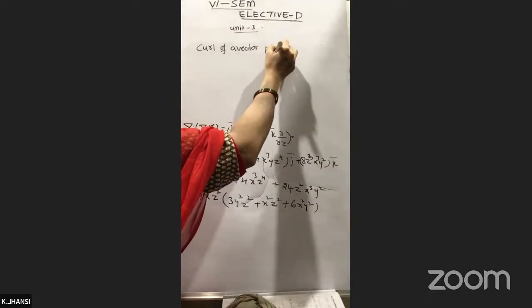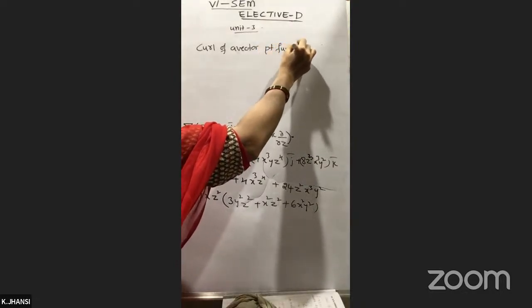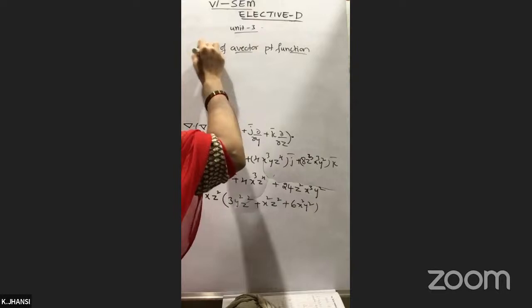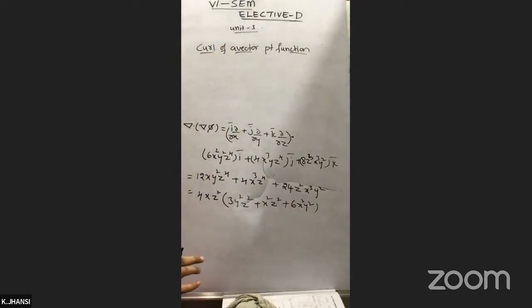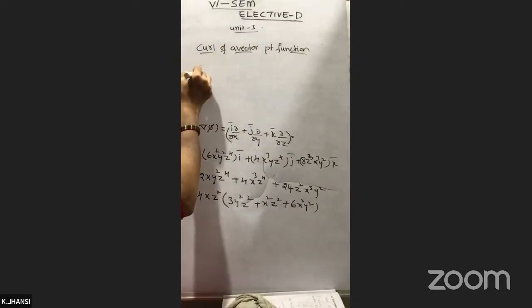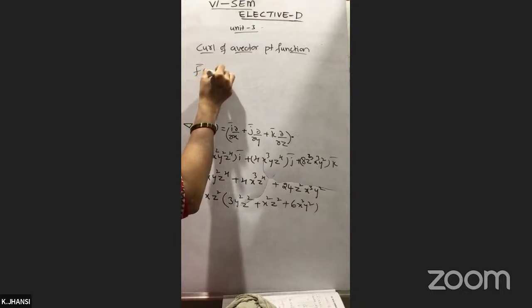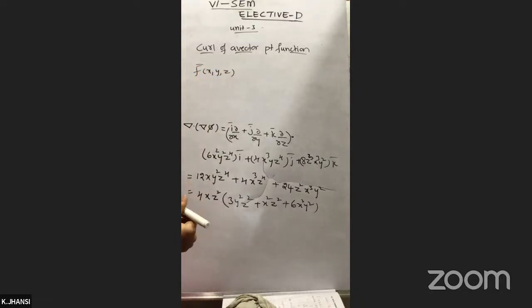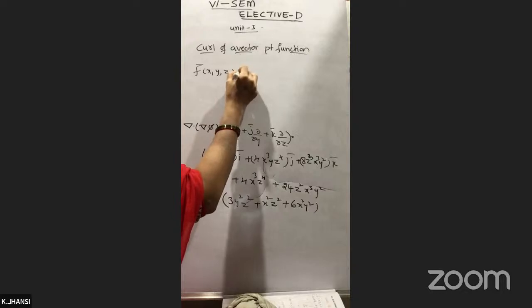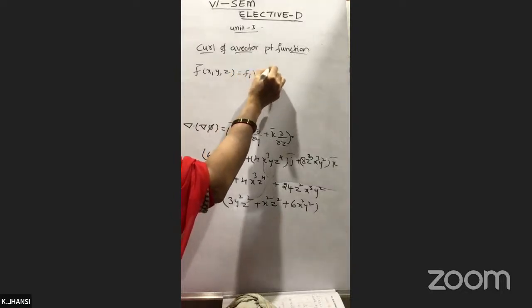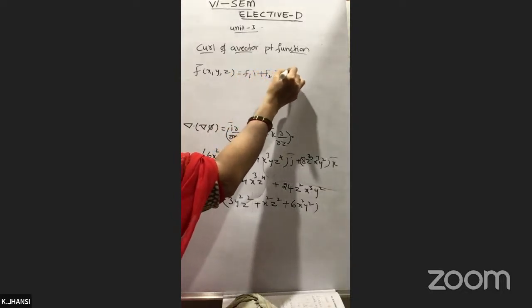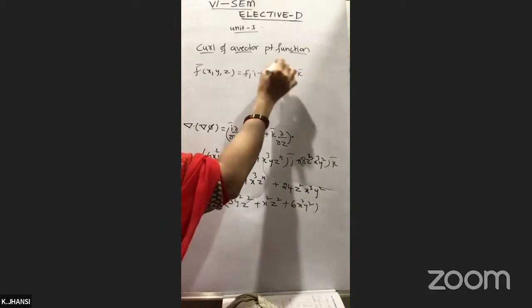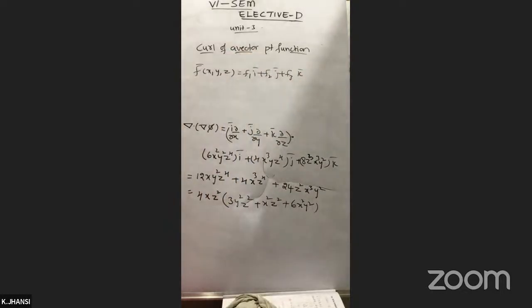So the definition is in the textbook. f of x is a function defined as f1 i plus f2 j plus f3 k. Okay. So this is the function.